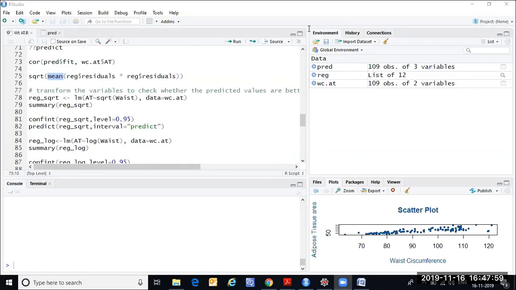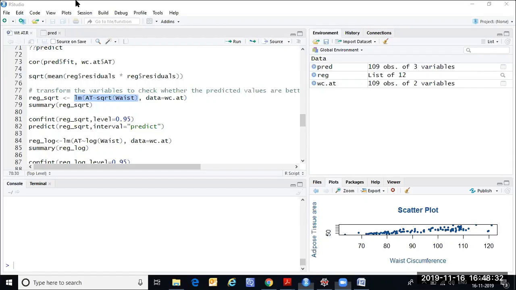Now I'm building another model. What am I doing here, friends? While building a new model, what is the original syntax?